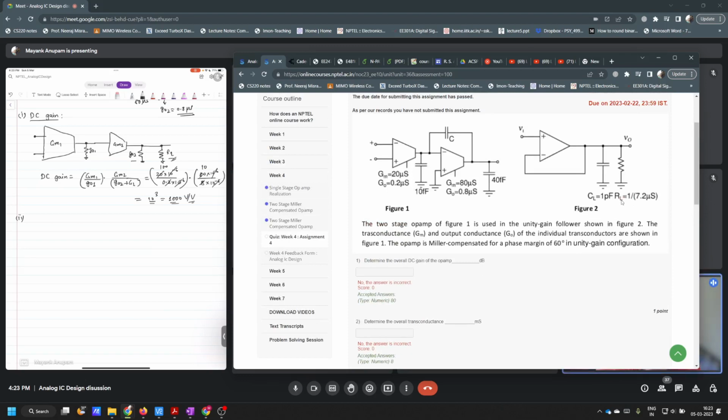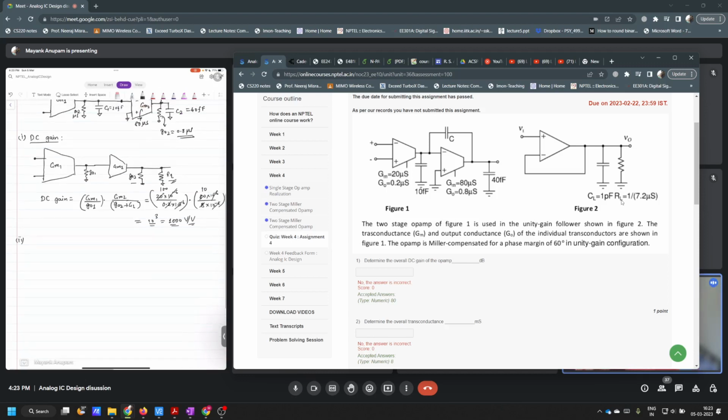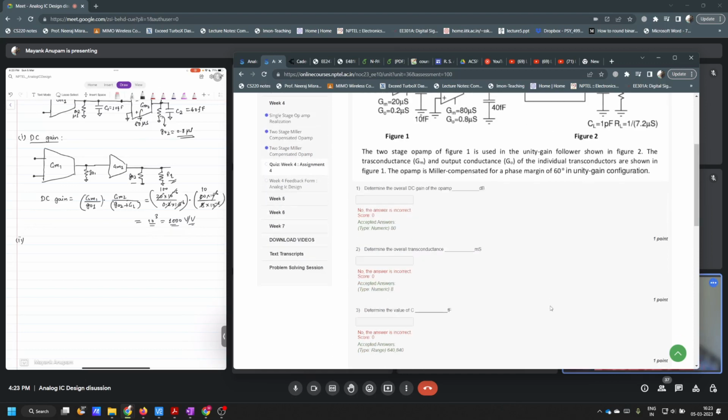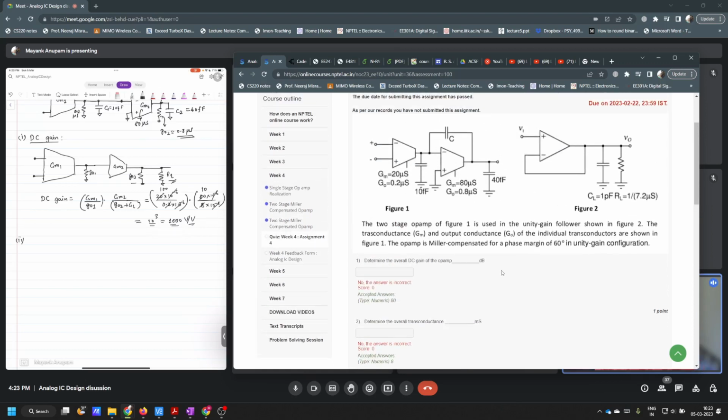Yeah, I understand, but that's okay. That happens, as I told you earlier also. That confusion occurs whenever you are asked a question about an op amp, and generally they clarify this part, like determine the overall DC gain of the op amp for figure 2, something like that they do.